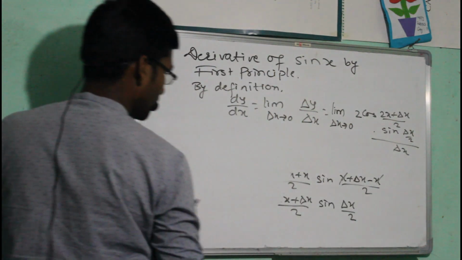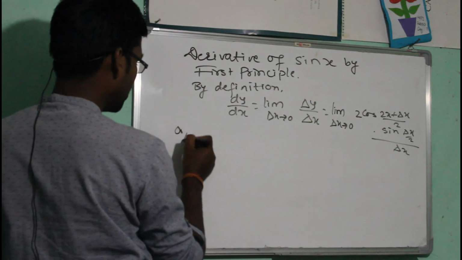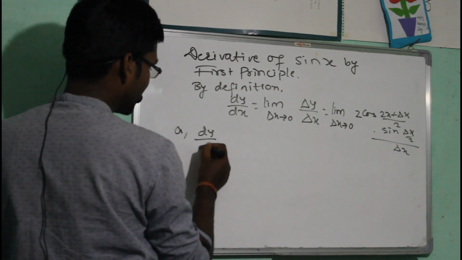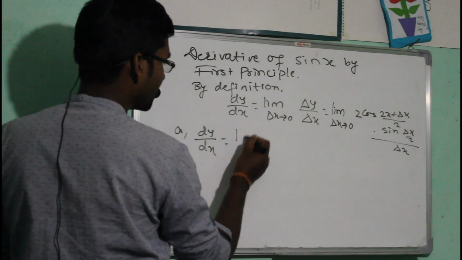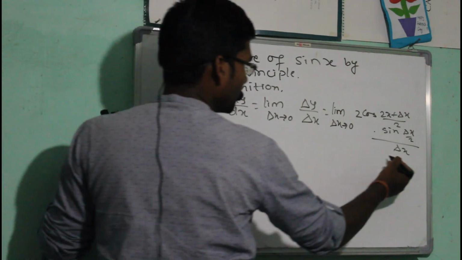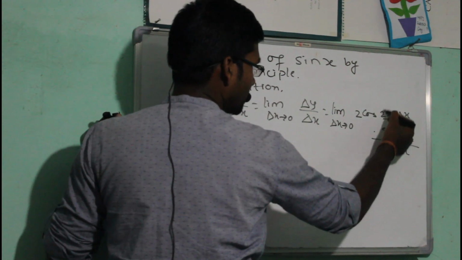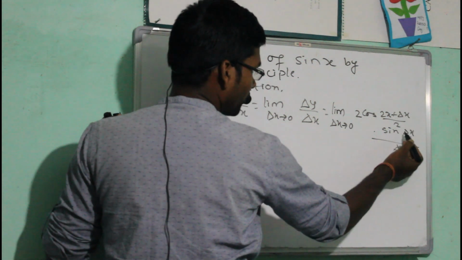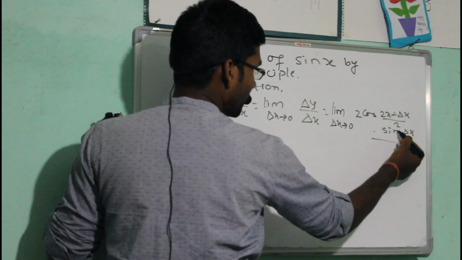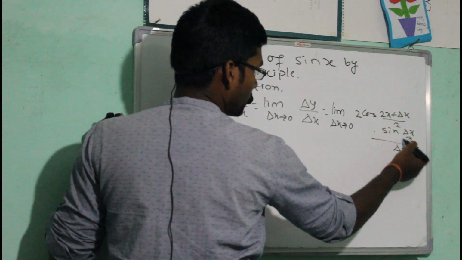Let me rub and write the remaining part here. So we can write dy by dx equals limit delta x tends to 0. Now see here, this is not going to give 0, so we will not change it. Simply if we put delta x equals 0 in the sine term, sin 0 is 0, and delta x is 0, so it is 0 by 0.